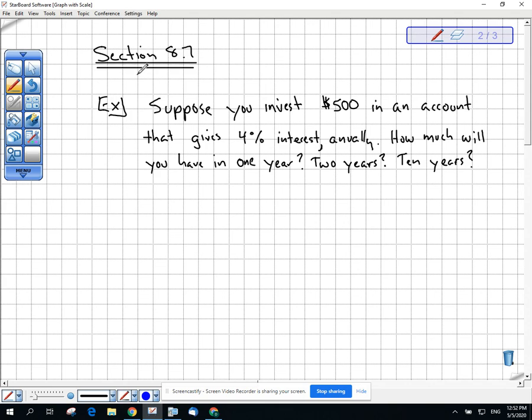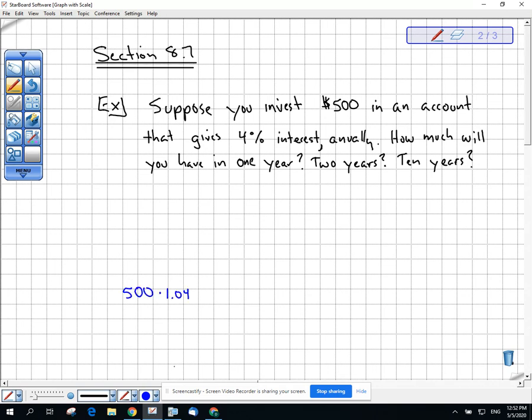Let's say you have $500, and you're making 4% on that per year. The question just is, what's a 4% increase on $500? Well, we could simply get that by going 500 times 1.04.